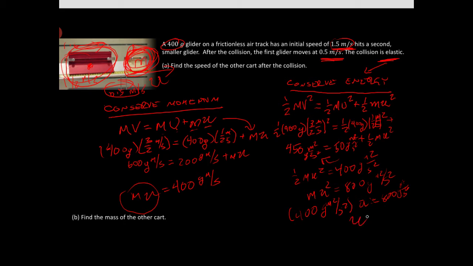So we divide through, and u is equal to 2 meters per second. Okay, 2 meters per second, that's something we can do. 800 divided by 400, that's what I wanted, the 2 meters per second.